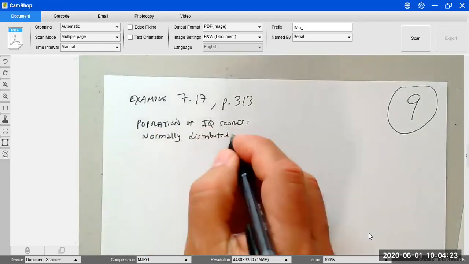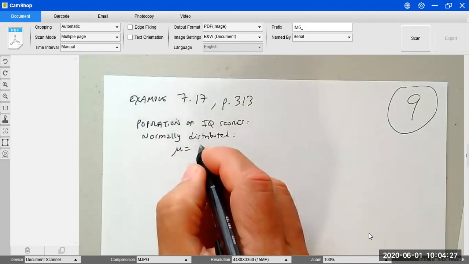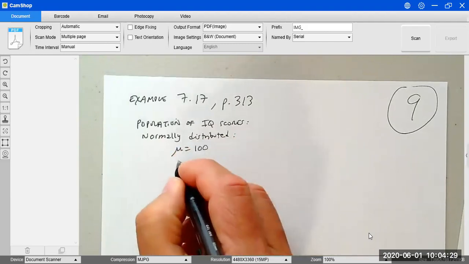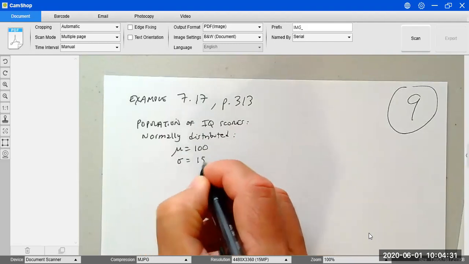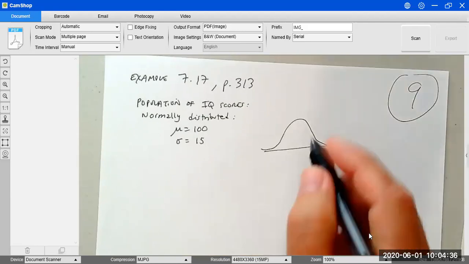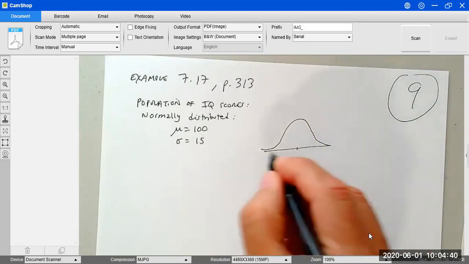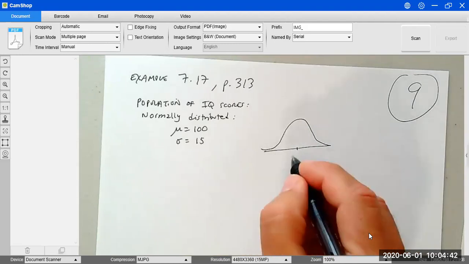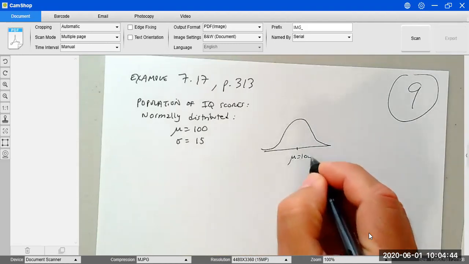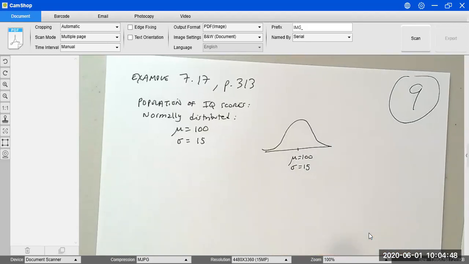So normally distributed with mean equals 100 and standard deviation equals 15. That means that you have a curve like this. This is the population of IQ scores. The population is over here. So mu equals 100, sigma equals 15.